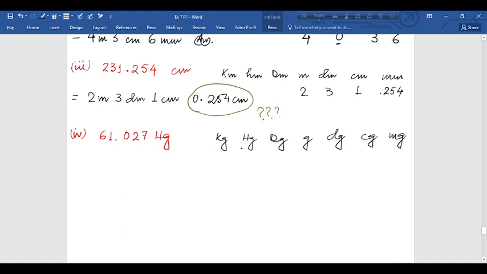Okay. 61 hectogram, that means 61 hectogram means 1 and this 0.027, and that will be written in this fashion.